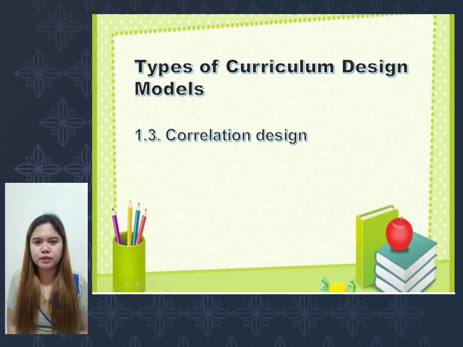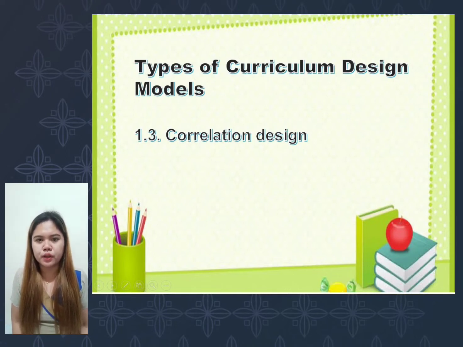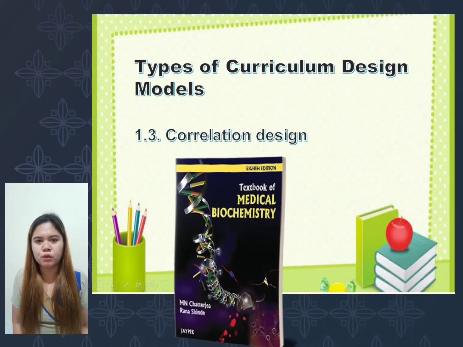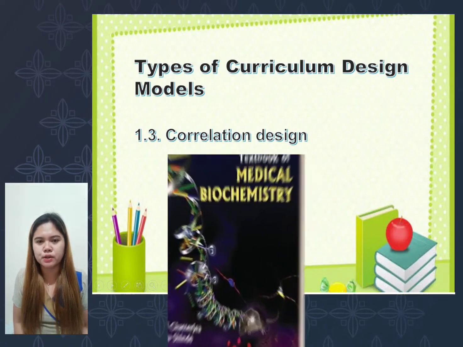The third subject design curriculum is correlation design. It comes from one correlated curriculum design that links separate subject designs in order to reduce fragmentation. Subjects are related to one another, but each subject maintains its identity. Some examples of correlation design include biochemistry, which is the combining of biology and chemistry.